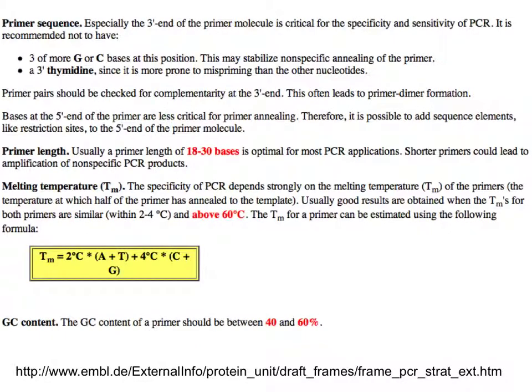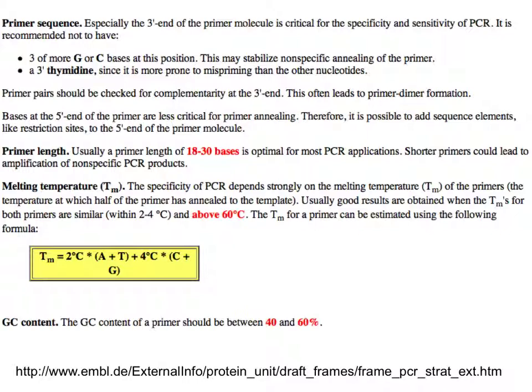There are some rules for primer sequences, especially at the 3' end of the primer. It's critical for specificity and sensitivity of PCR, so it's recommended not to have 3 or more GC base pairs at this position, as this will stabilize non-specific annealing of the primer. Avoid a 3' thymidine because it's prone to mispriming. Primer pairs should be checked for complementarity at the 3' ends because this leads to primer dimer formation.